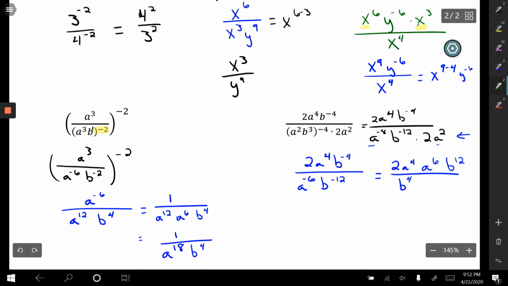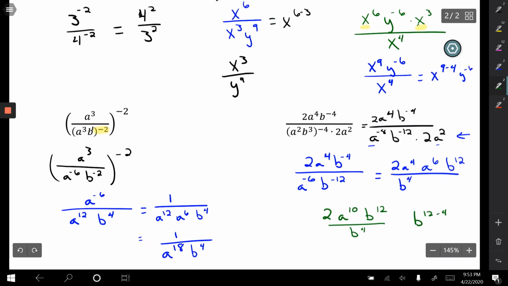So now, again, I've got those like bases on the top where I can add those exponents to combine them. 4 plus 6 gives me 10. And these b's, top and bottom, I'm going to have to subtract those. So I've got that b to the 12 minus 4.